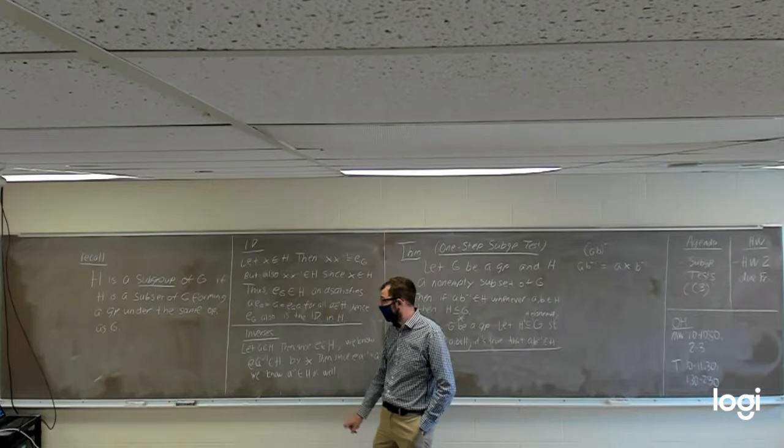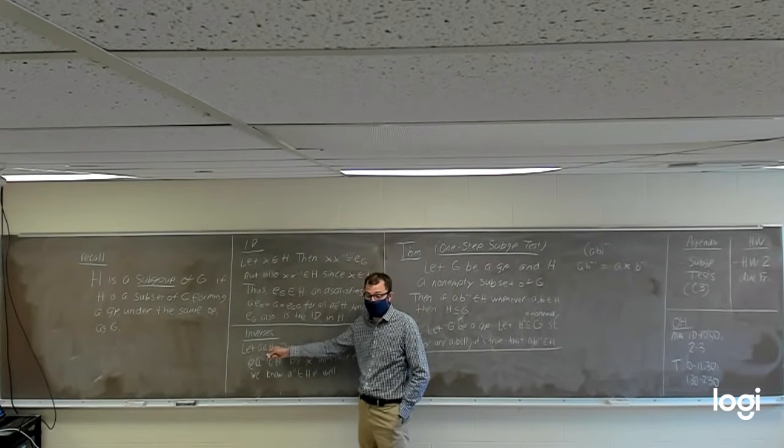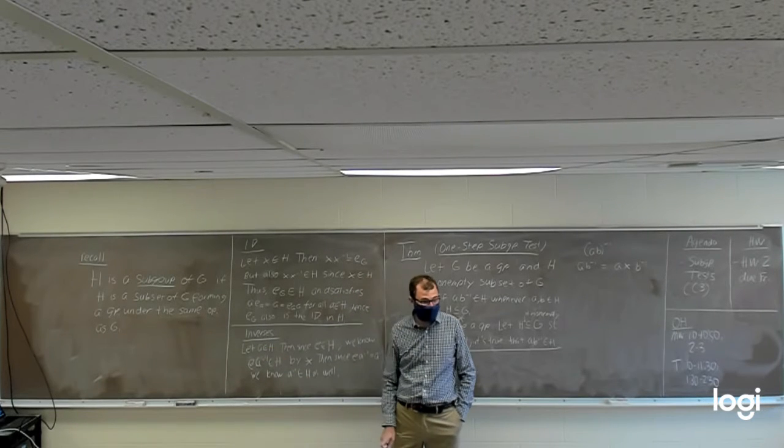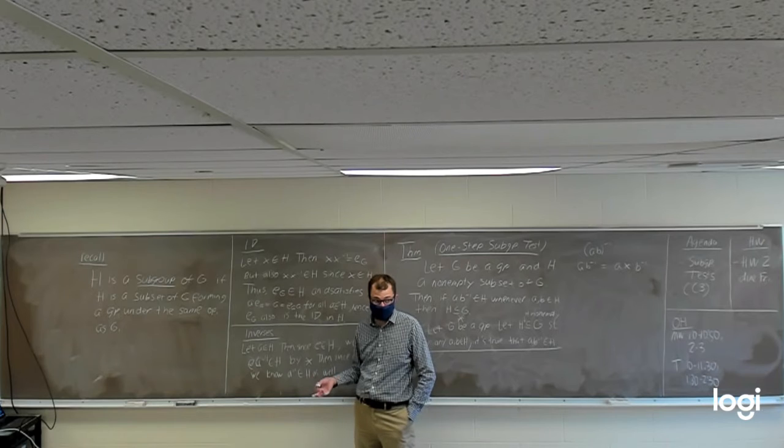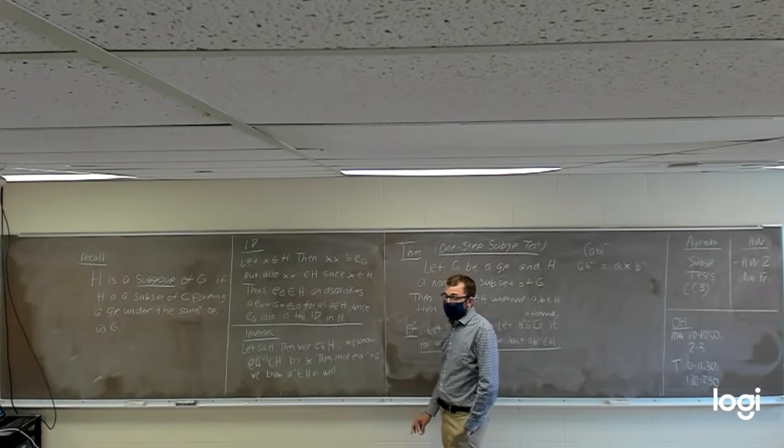So in other words, given any element in H to start with, the inverse of that thing also lies in H. So things in H have inverses in H. Okay.